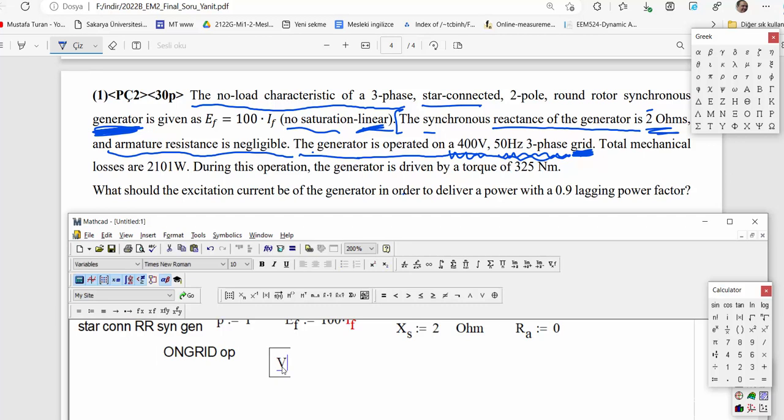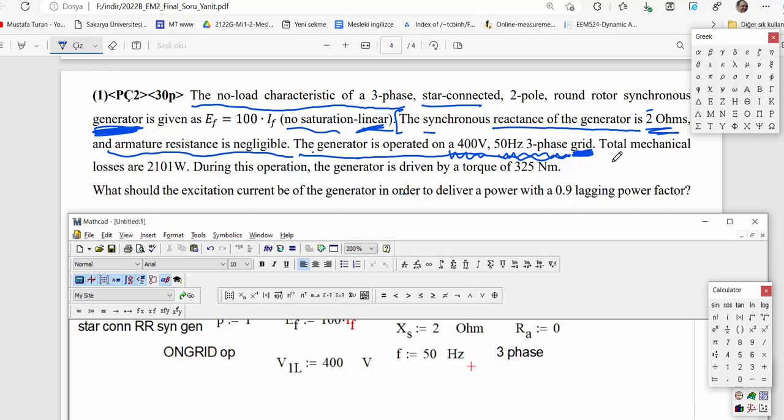The network or grid has some parameters. Line-to-line voltage is 400 volts, 50 Hertz, and 3-phase. Okay, those are the network parameters given.